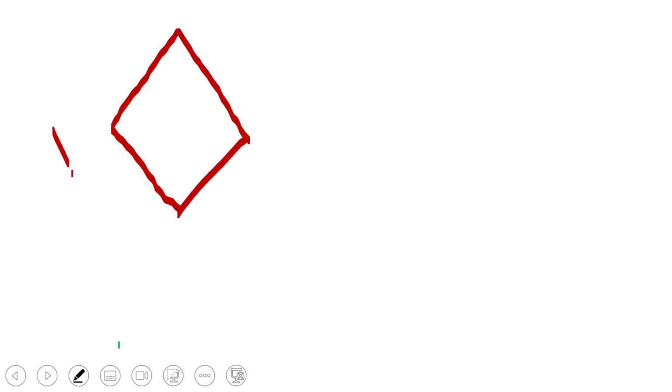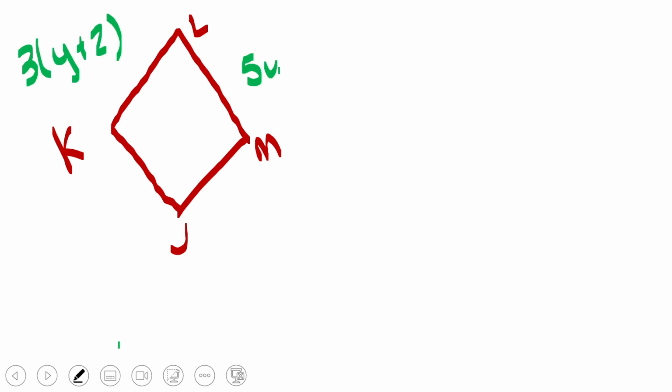All right, if we have a figure such as K, O, M, J, and the sides are labeled 3y plus 2 for this side, 5y plus 2, 3x minus 1, and x plus 5, you're going to be asked to find the measure of each side of this kite, and you need to consider what is congruent to one another.